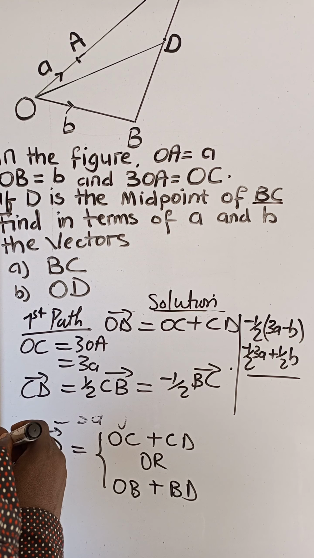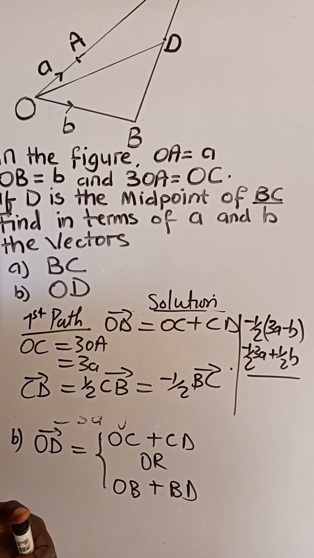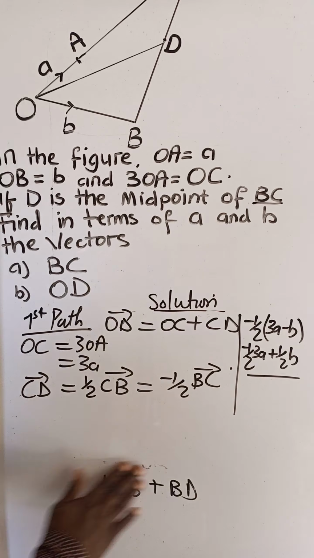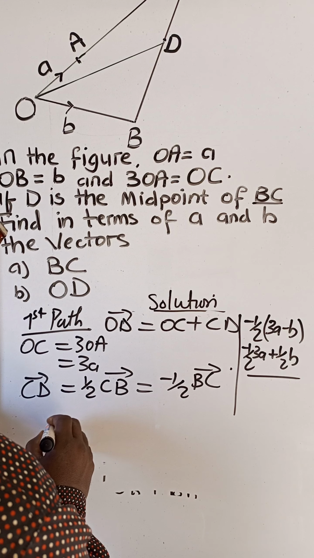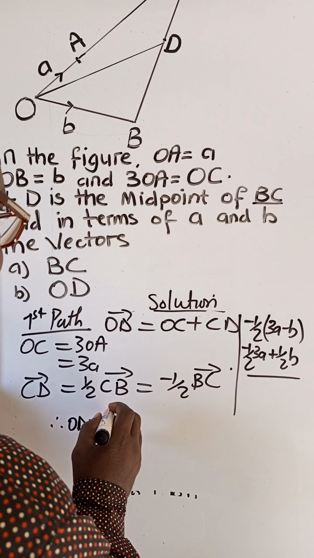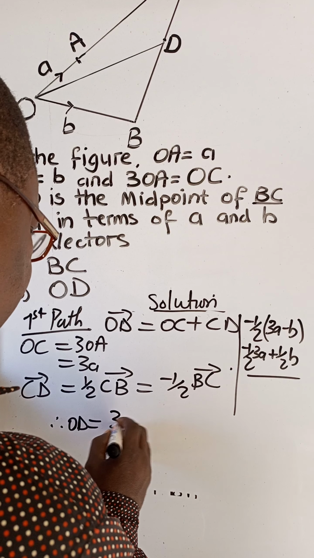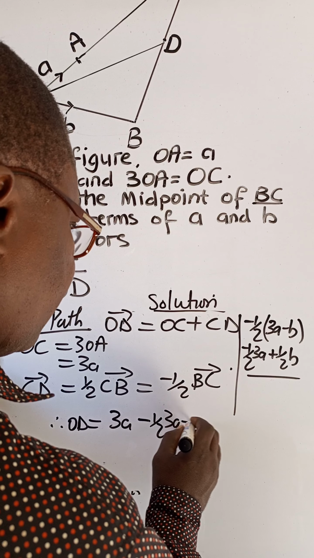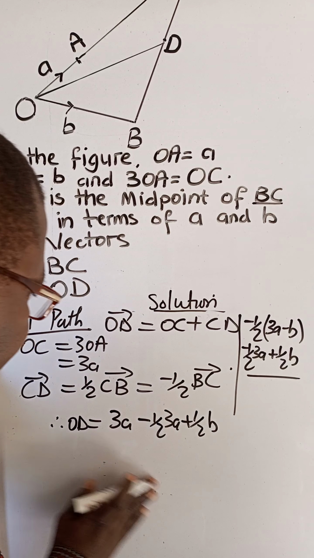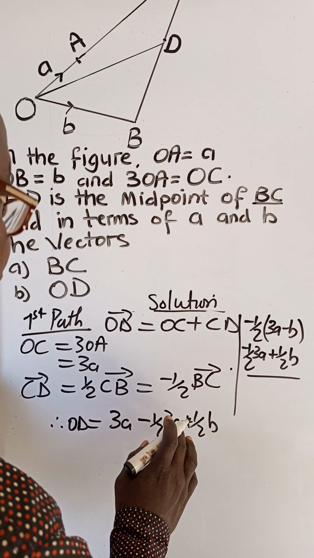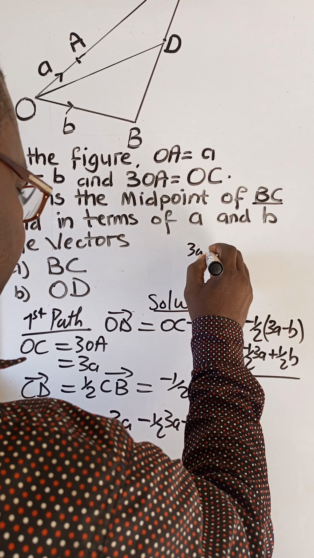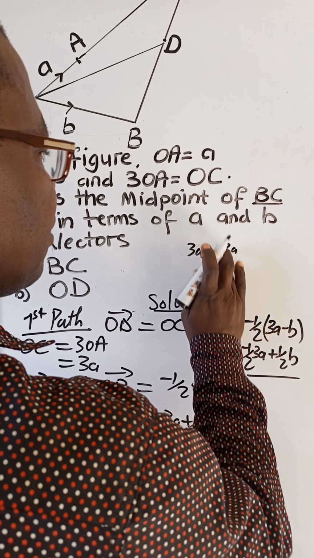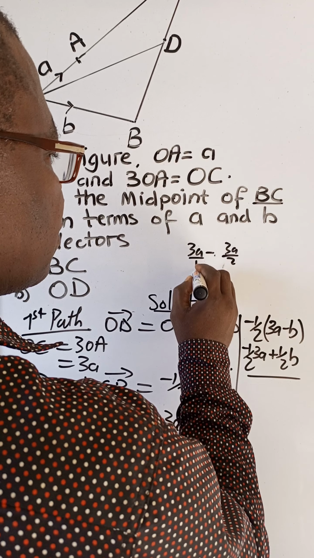So what is OD therefore? Our OD will be that OC, which was 3a, and then minus half 3a plus half b. So we have 3a minus half 3a. Half 3a is just the same as 3a all over 2, and this one is all over 1.